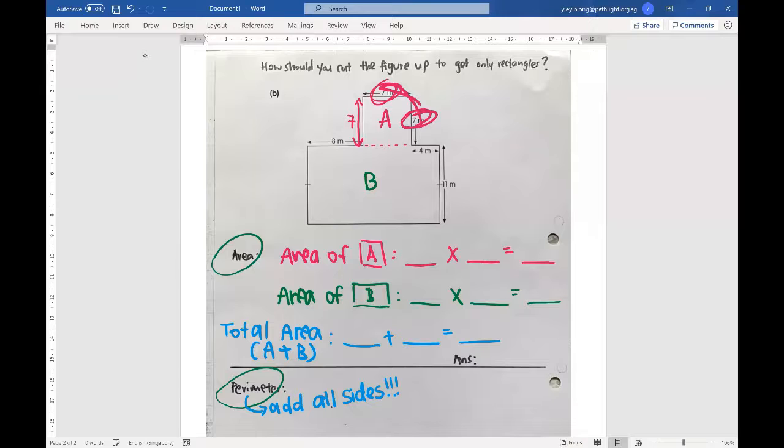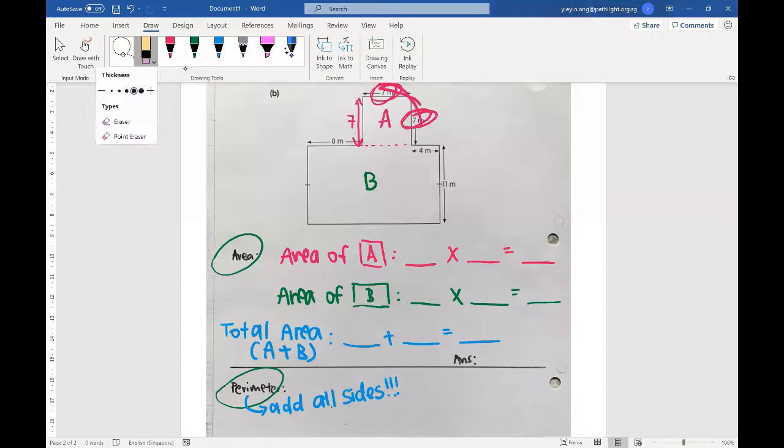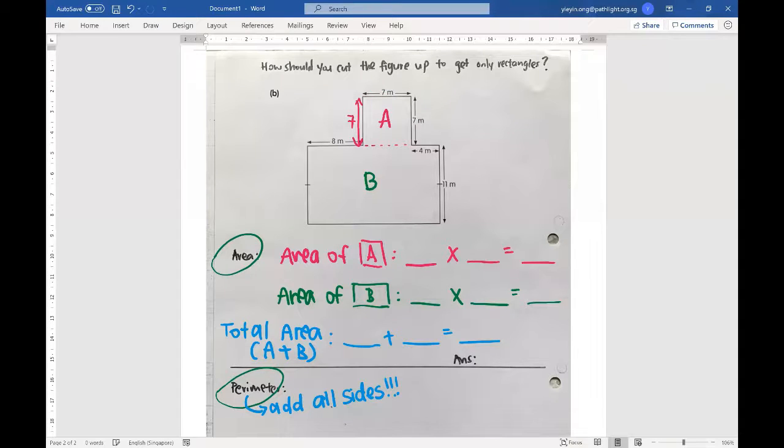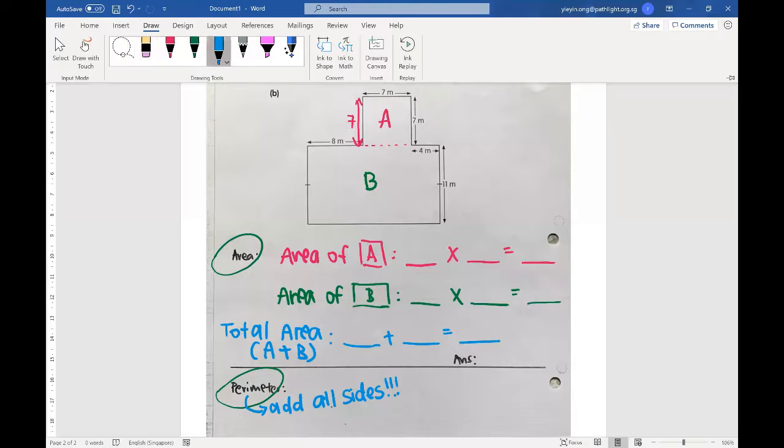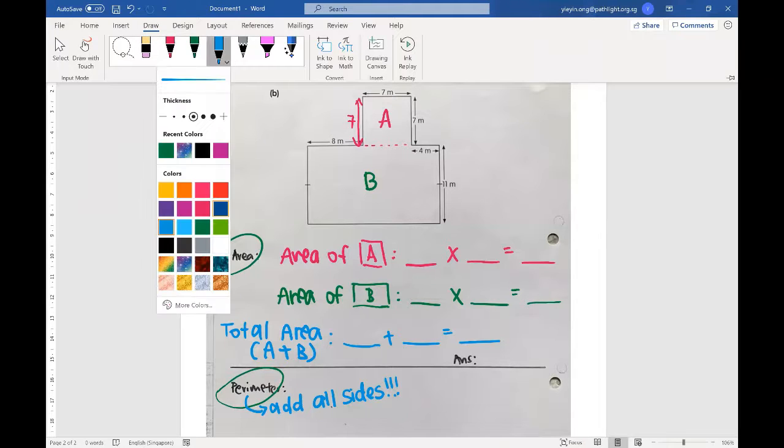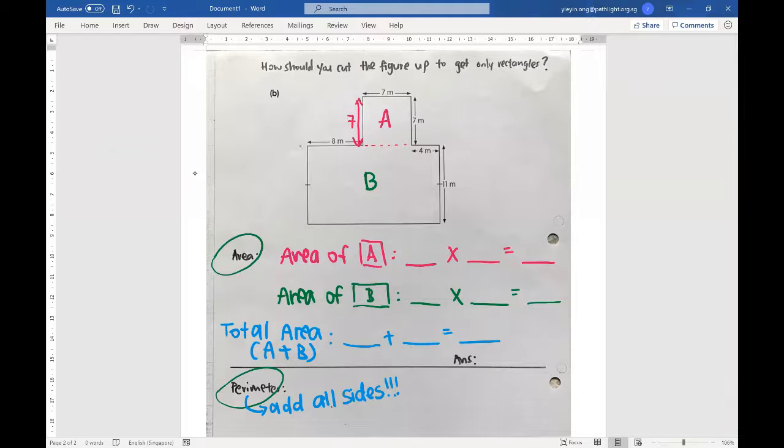Then next, I'm going to find the other unknown sides. So I'm going to find the left side of rectangle B. If you can see, that left side of rectangle B has a marking of this one line here.